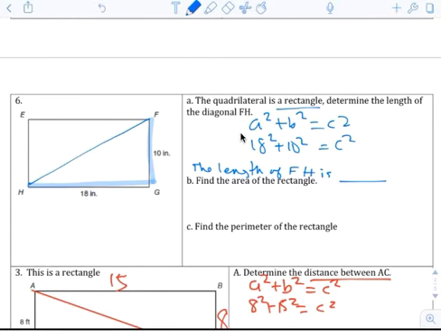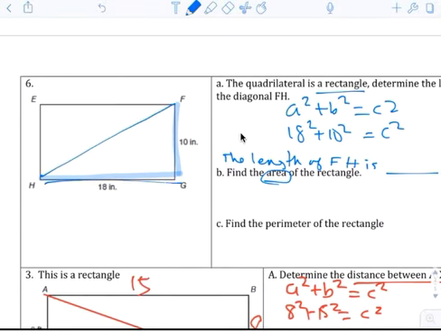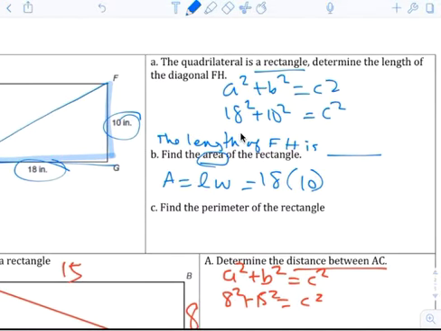Now the area, kids get confused. This is a rectangle. It is only length times width, so it's just 18 times 10, and the area is 180 inches squared.